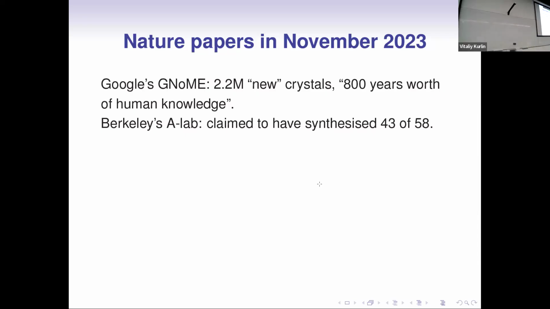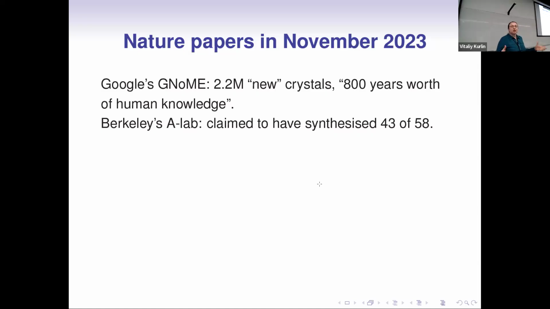So this is the first story that I wanted to tell you. It is a story about Google GNoME, as they call it, but I like to call it GNoME. You probably heard about AlphaFold. AlphaFold got a Nobel Prize for solving the protein folding problem, and Google really wanted to repeat the same success with materials.